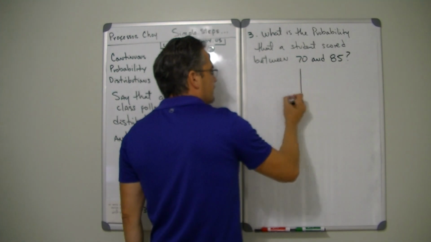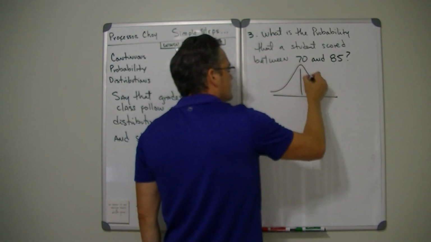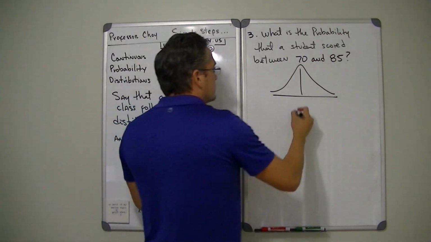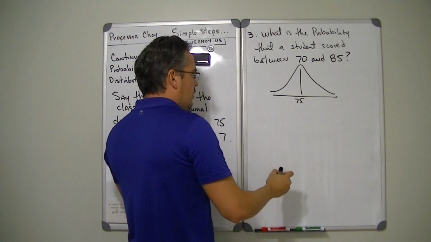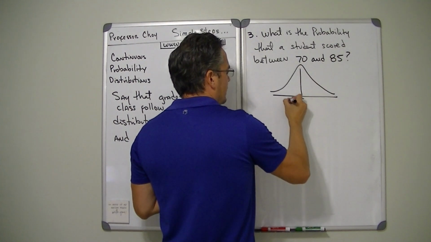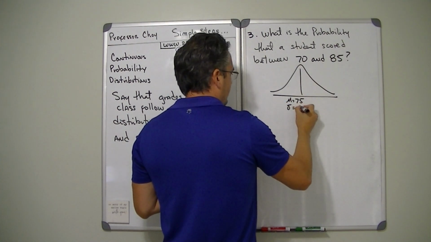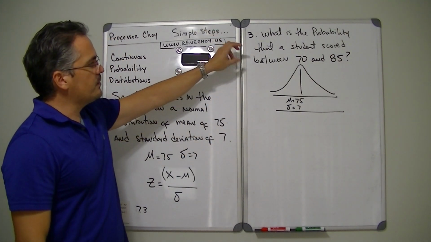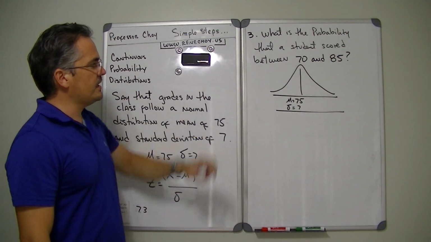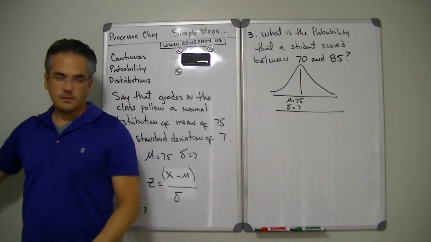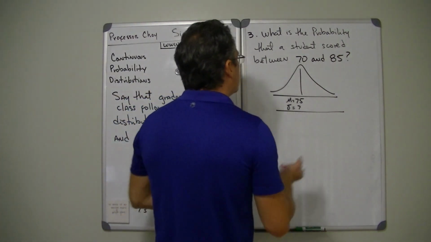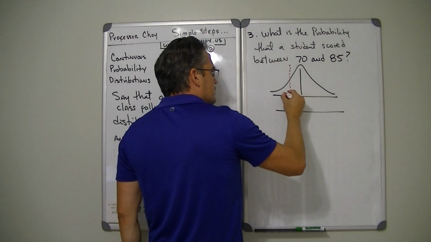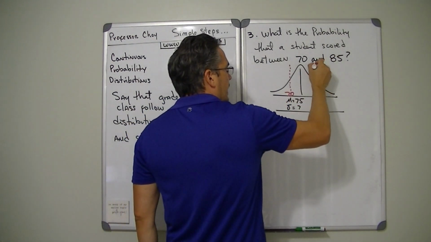Always start with the graph, just very useful. Now, we know the center of my graph is at 75, because the mean is 75, and the standard deviation is 7. The question is asking, what is the probability that somebody scored between 70 and 85?